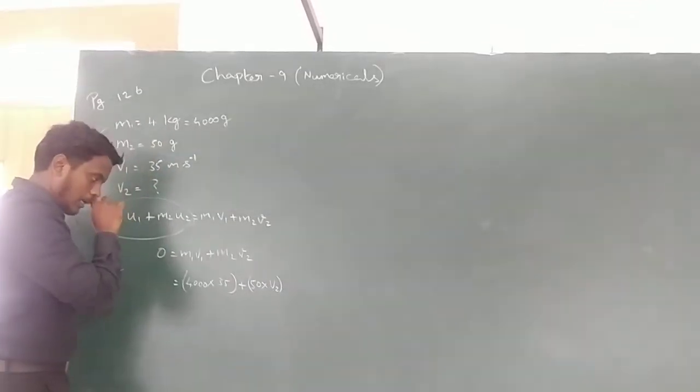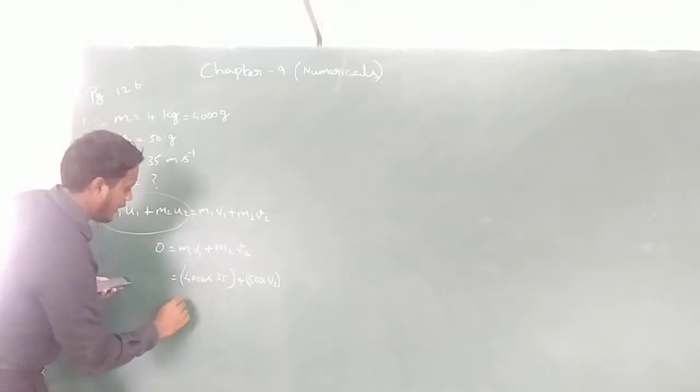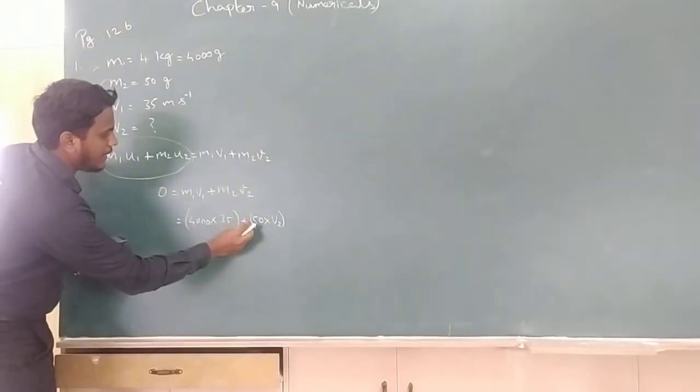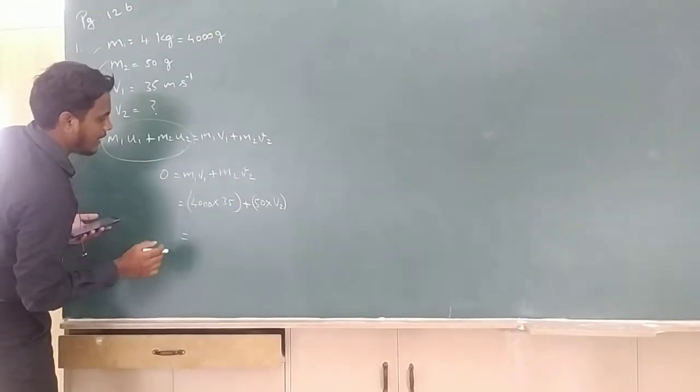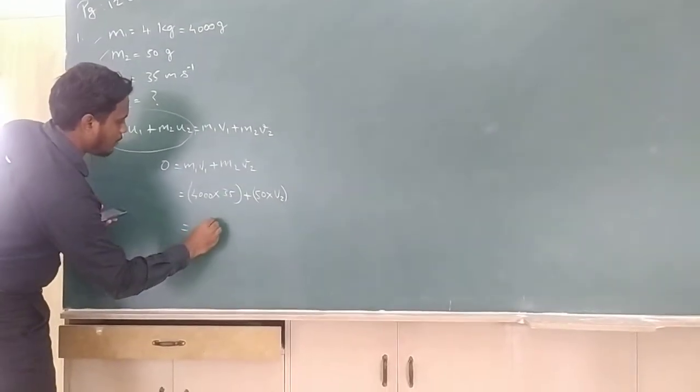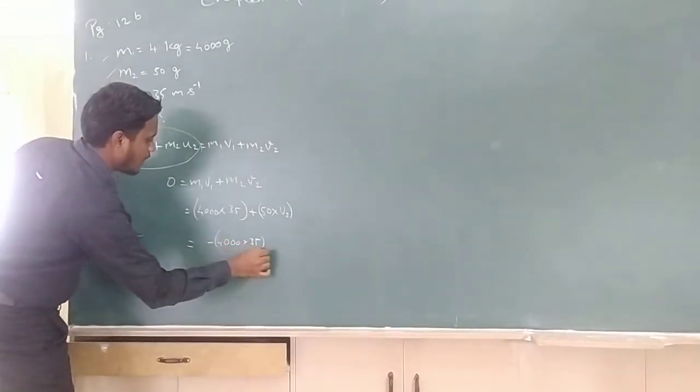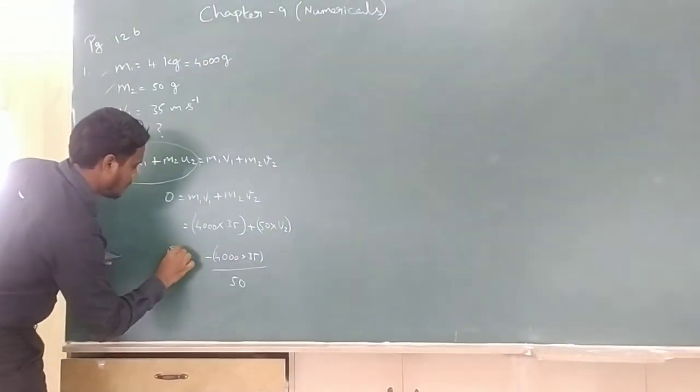So I keep v2 and bring this to the negative side: v2 equal to minus 4000 into 35 by 50.